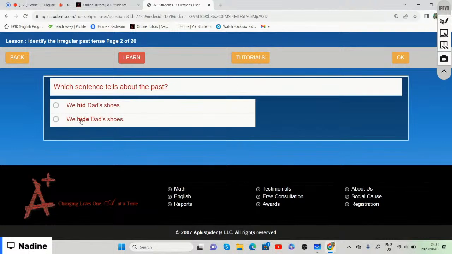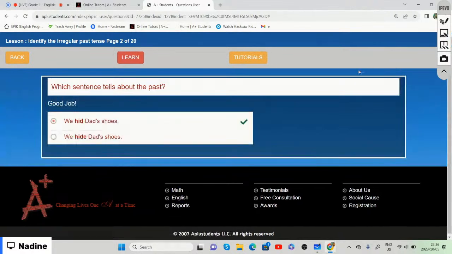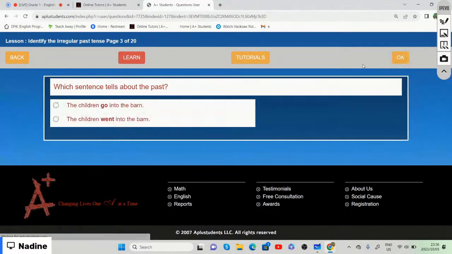And if we choose the correct one, then it means that we hid dad's shoes. Because hiding is something that we're doing now. So we hid dad's shoes. And hid is in the past. It tells us about the past.